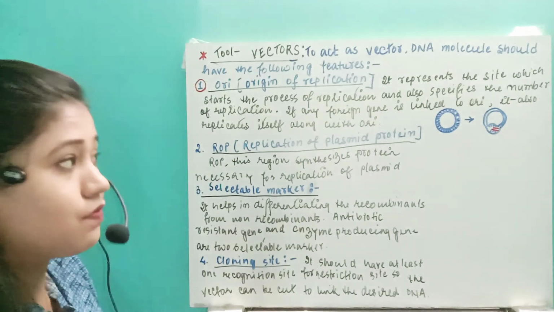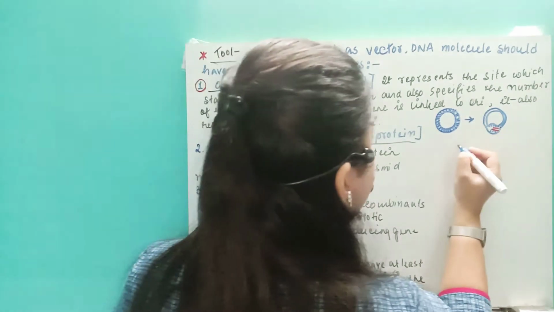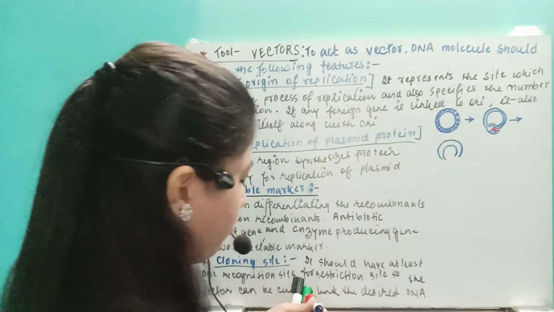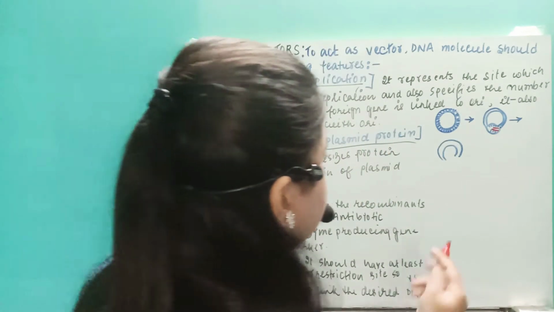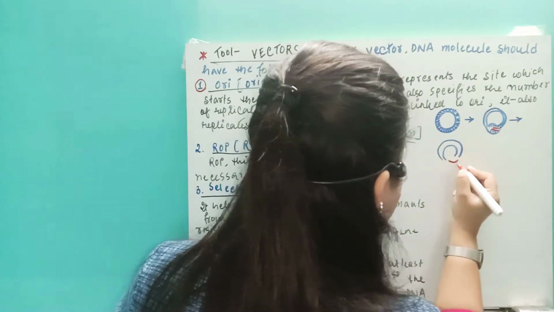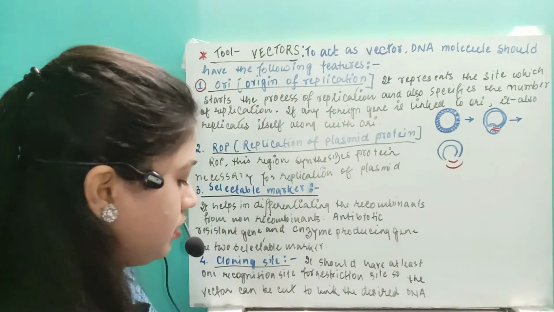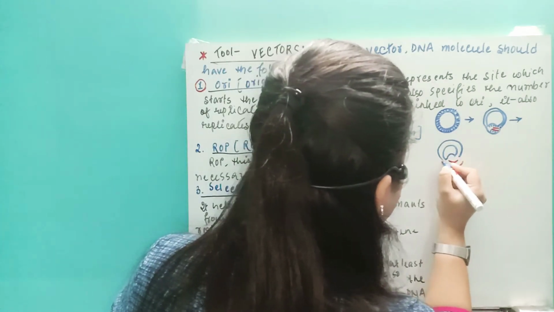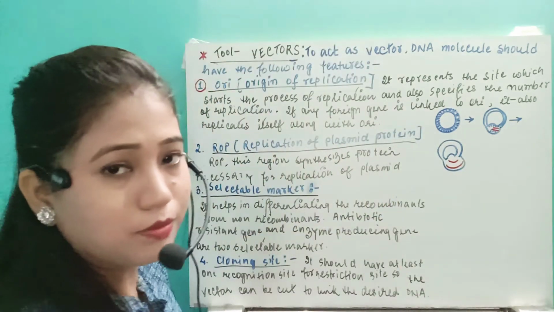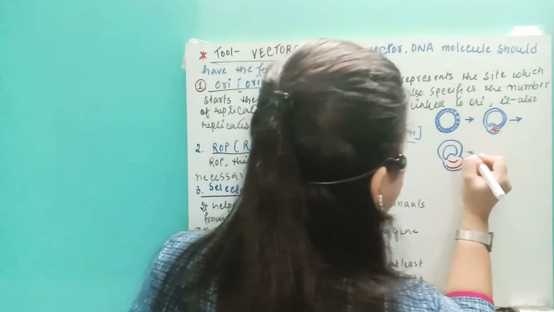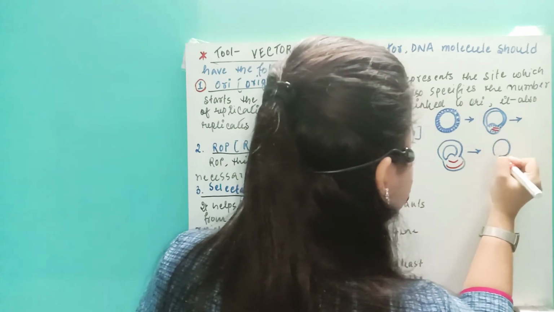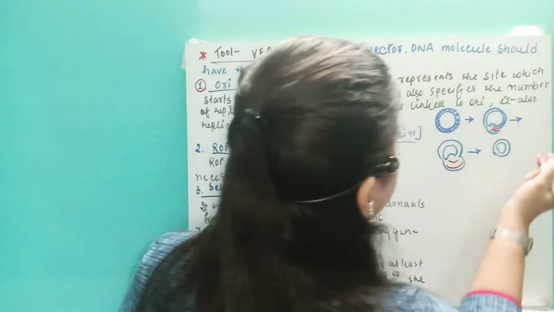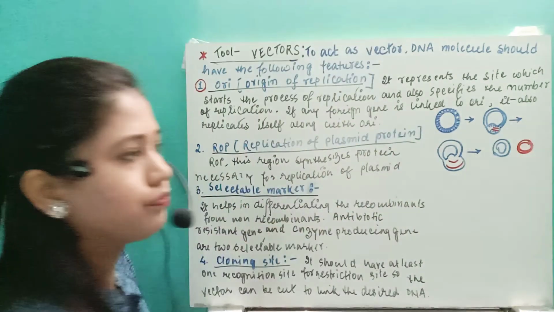This way it will grow and multiply, and at one period of time we will get two vectors, that means one vector multiplies into two, right?